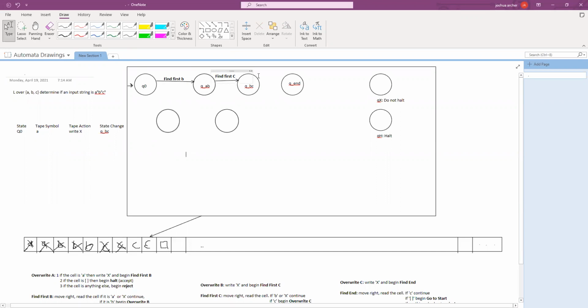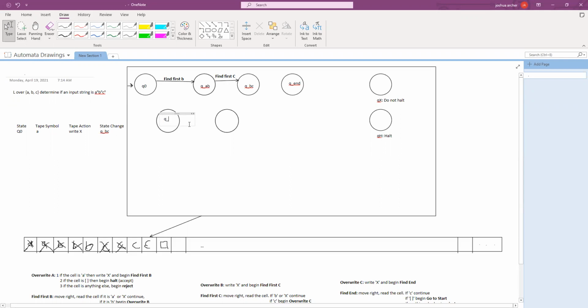We've got found the first C. We've got find end, and we may need one to go back to the beginning, but I think this is going to be fine. So I'm going to call this one, this is going to be find our first B.